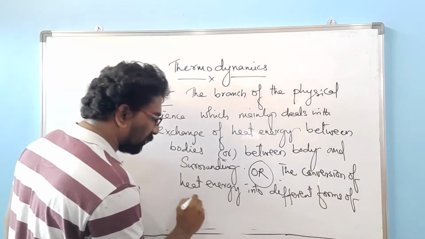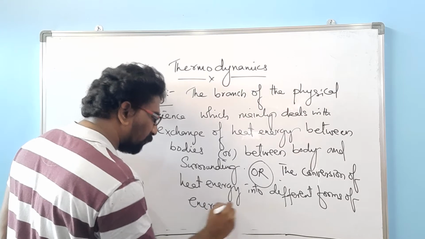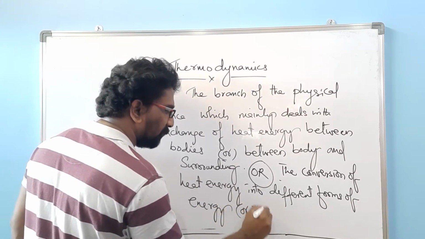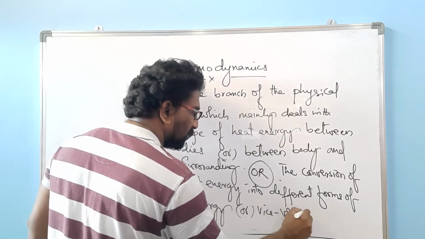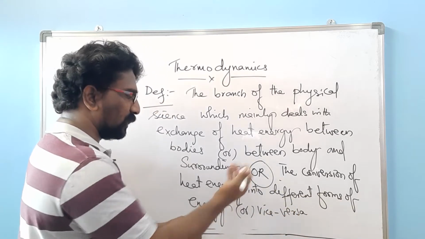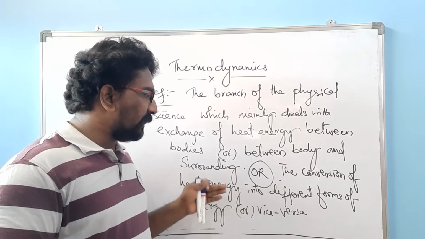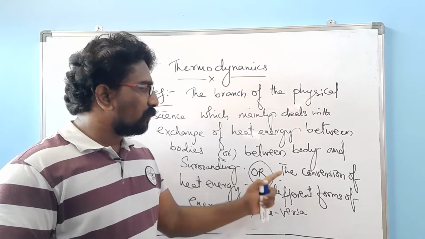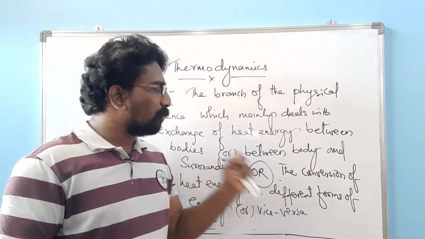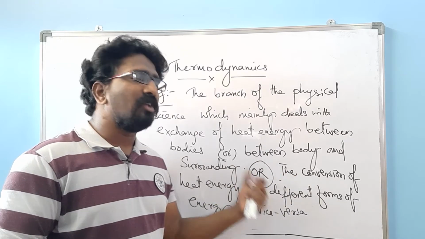So what are these different forms of energy? The conversion can also be vice versa, from different forms of energy to heat energy. So thermodynamics is also about the conversion of heat energy into different forms of energy.